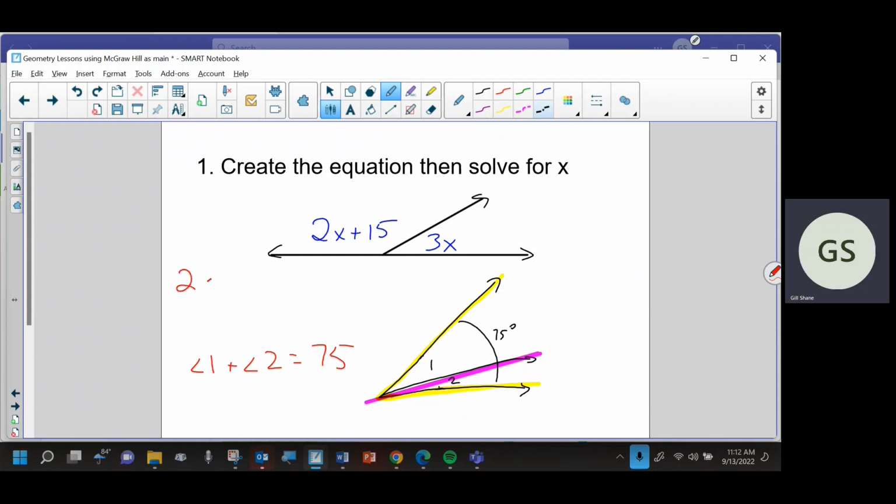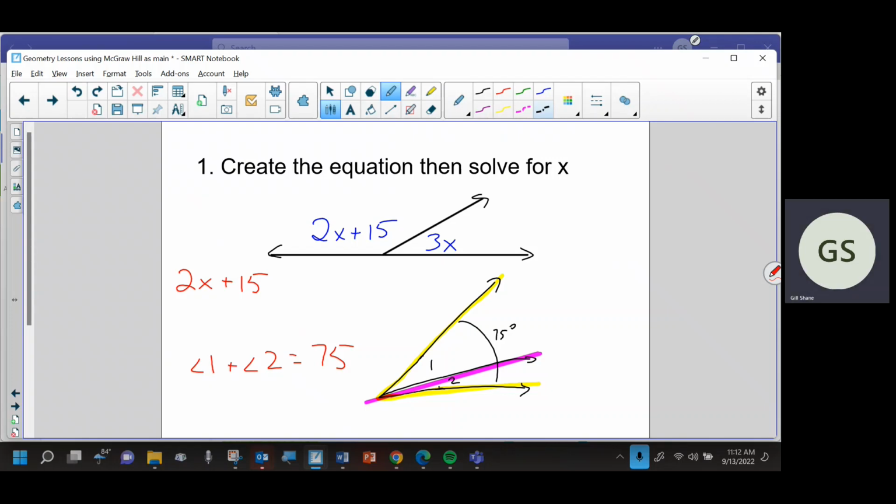I need to understand the first angle is 2x plus 15. Doesn't matter that I got variables and numbers. I told you don't get freaked out by the fact that you got variables and numbers in here. Even if both angles are supposed to be equal to each other, one may have different variables than the other.